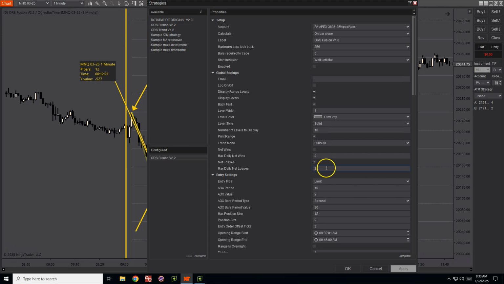So this is the most important number for me to keep me calm, I guess, while I'm trading. So I know that there is no way that I'm going to be done with the day and have more than 3 losses at the end of the day.